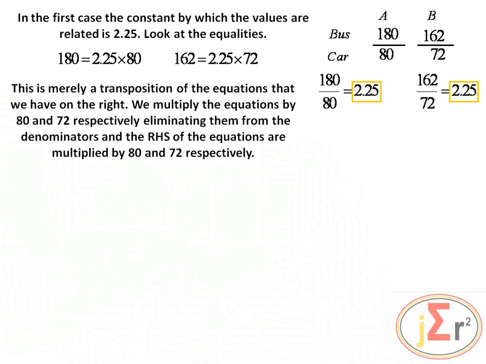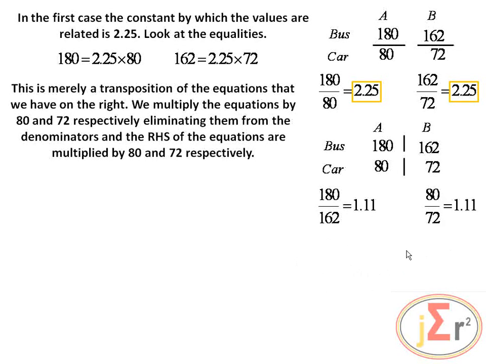We multiply the equations by 80 and 72 respectively, eliminating them from the denominators, and the right hand side of the equations are multiplied by 80 and 72 respectively. So we have eliminated those denominators and we have multiplied by 80 and 72 respectively, as we would have expected.